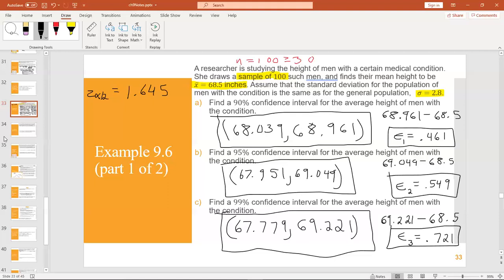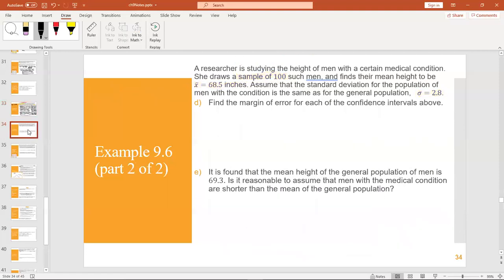All right, and then let's see here. It is found that the mean height of men is 69.3. Is it reasonable to assume that men with the medical condition are shorter than the mean of the general population? Excuse me.